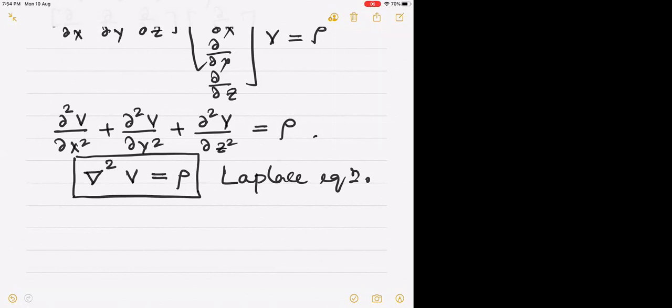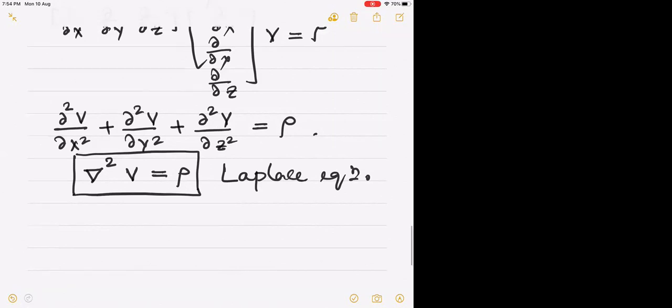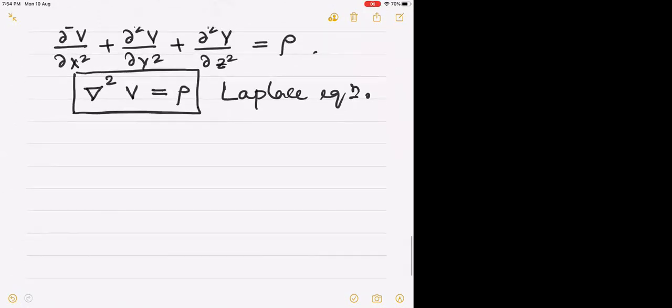Now, our question concerns the following. How do we solve for this? For example, suppose we have an area, and in that area I have information about the charge density, how the charge is distributed. I would like to find out the potential at every point. For that, I have to solve this Laplace's equation. But how do we solve this partial differential equation?